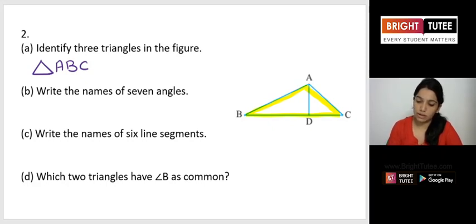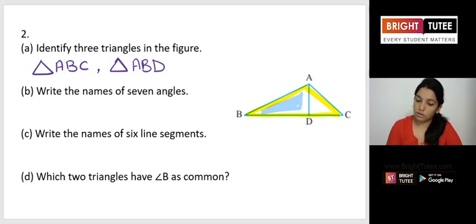Now the next one is the smaller one, triangle ABD, or we can also name this triangle as ADB. So either way it is correct to name it. So this particular triangle that we are looking at, it's the smaller triangle, triangle ABD.